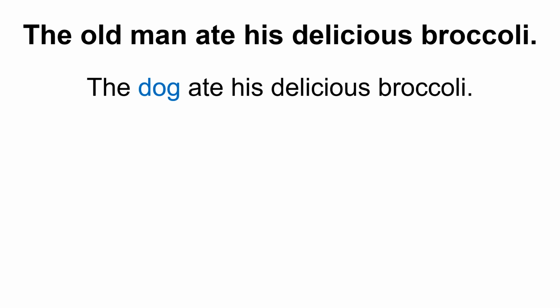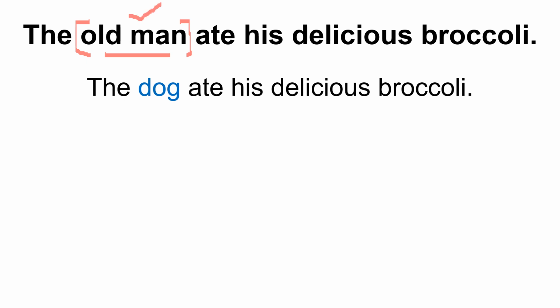Okay, we can go even further. What about old man? Let's replace old man with another word like dog. As we can see, the old man is a noun phrase and it has an adjective modifying it. So we can replace it with another noun, dog. Therefore, we can say that old man is a constituent that functions together as a unit.